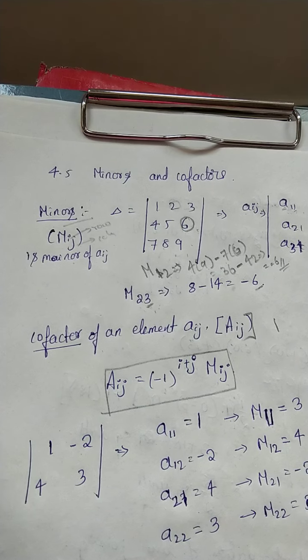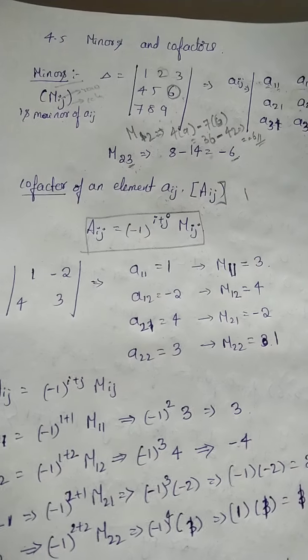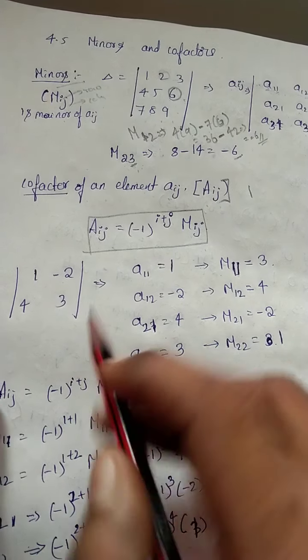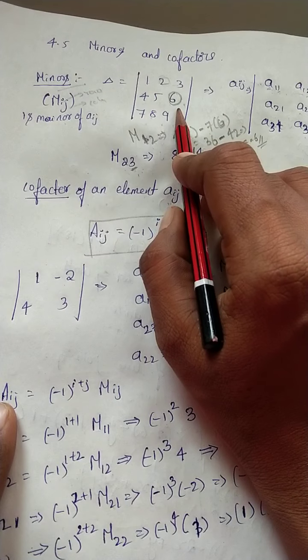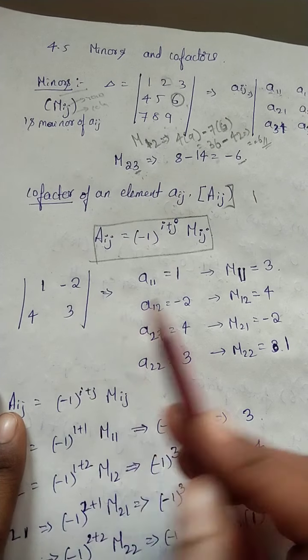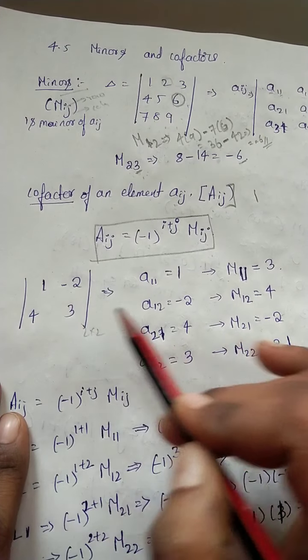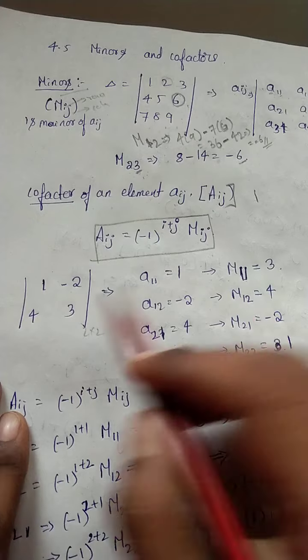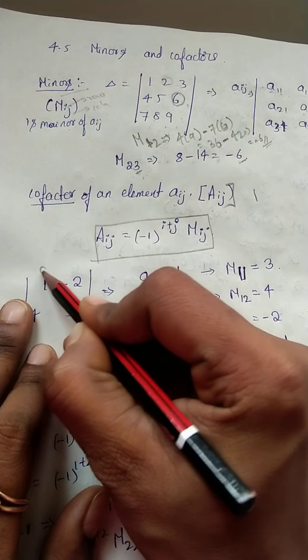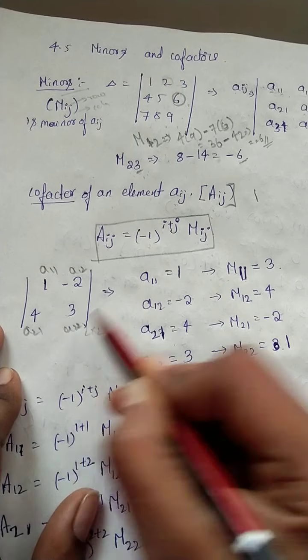So now we will solve a simple example of how to calculate the minor value. Okay, so this was for calculating the minor value in 3 cross 3. Now it is a 2 cross 2 determinant. Here they have asked to find the minor value for each and every element. So the values are represented by A11, A12, A21 and A22.